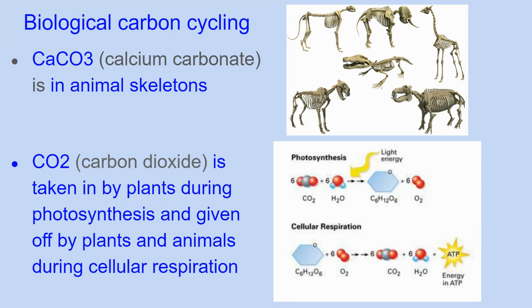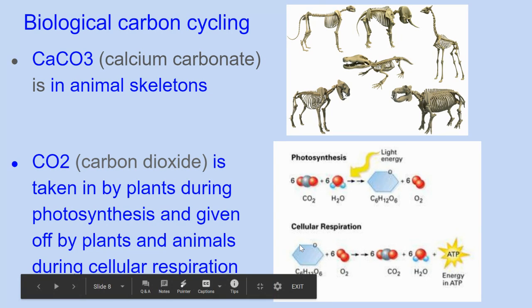Carbon is also cycled as carbon dioxide in photosynthesis. So the plants, of course, take in carbon dioxide. You can see carbon here. That gets converted into sugar. The carbon is now part of the sugar molecule. And then that sugar molecule gets used during cellular respiration, where it gets converted back into CO2. So carbon is then released into our atmosphere as a gas again.